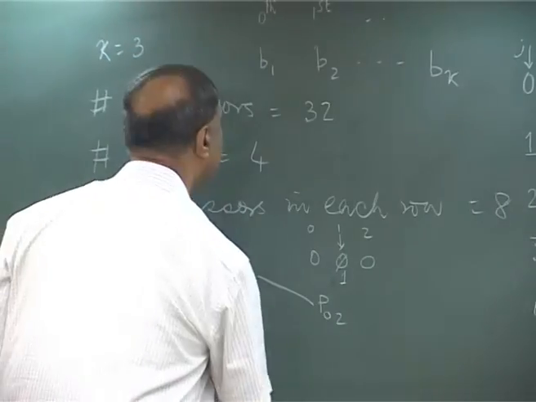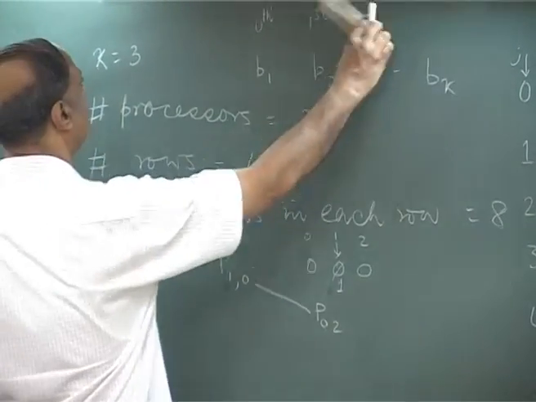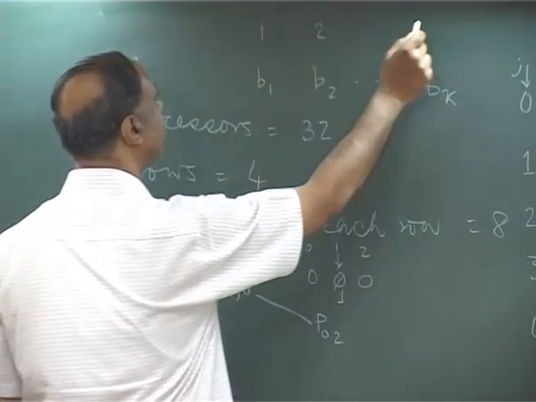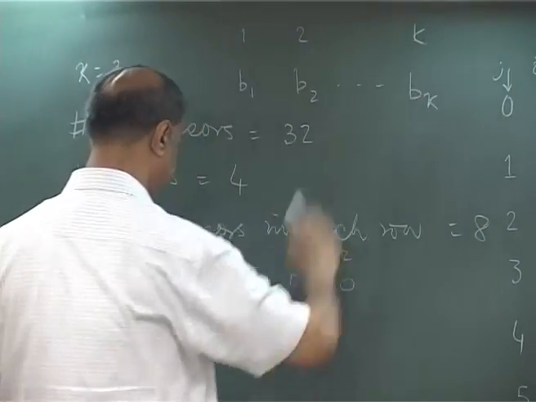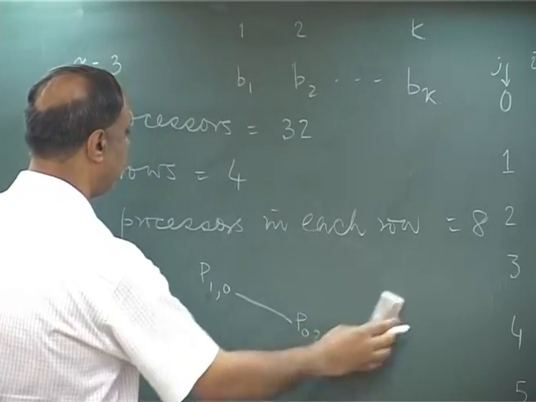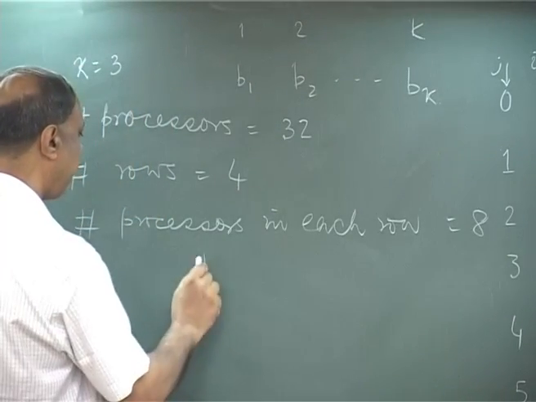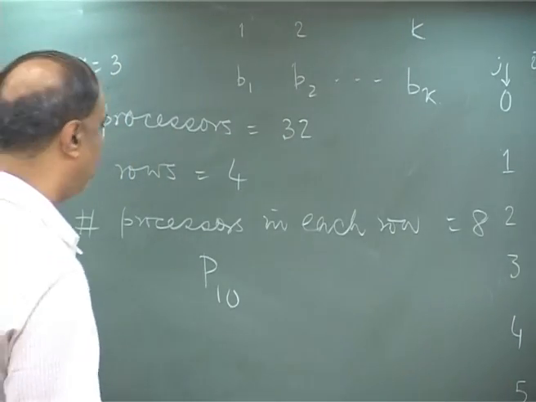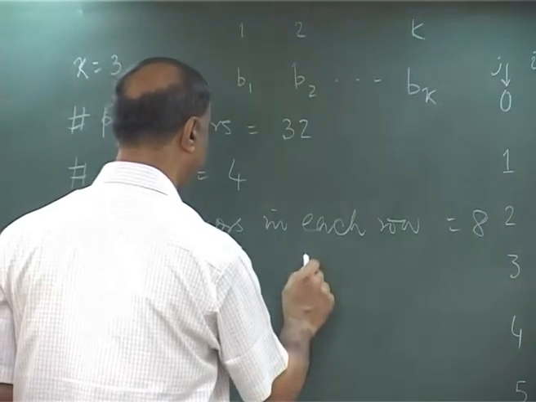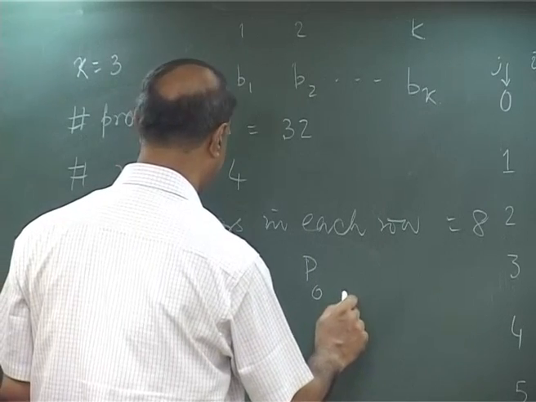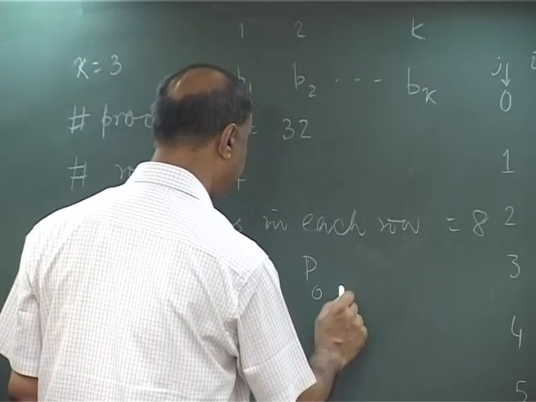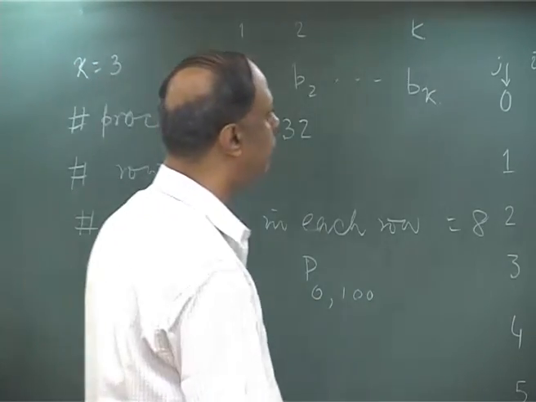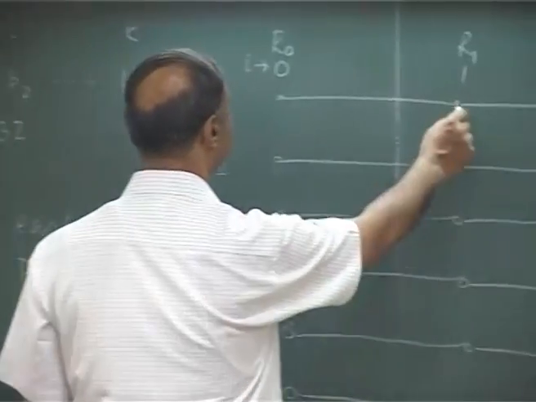So this is one thing you have to keep in mind. The first, second, then the third MSB is K. In that case, P10 will be connected to P00, and here the first bit will be converted to 1000, so P04.